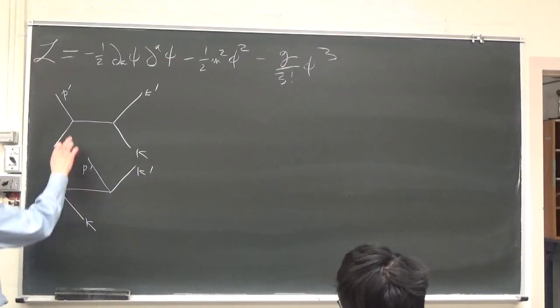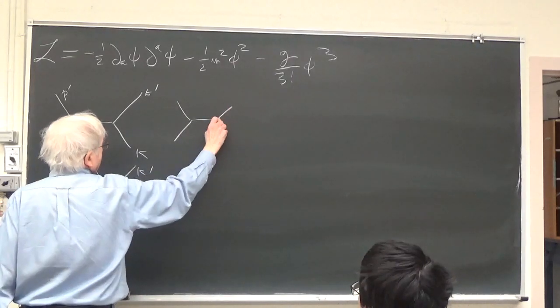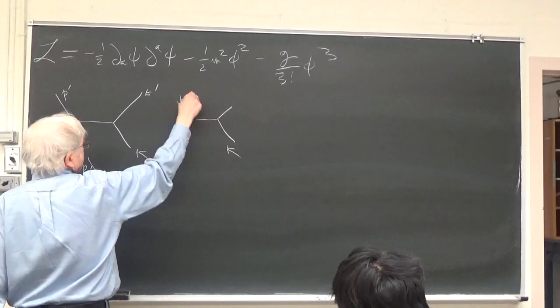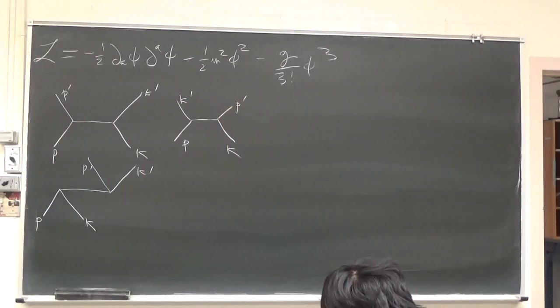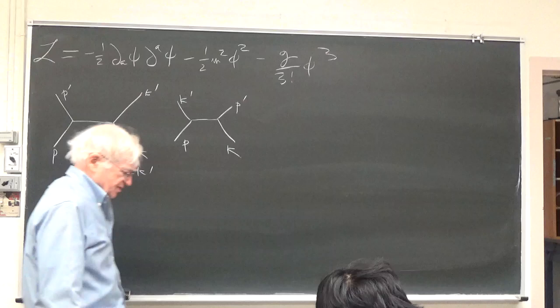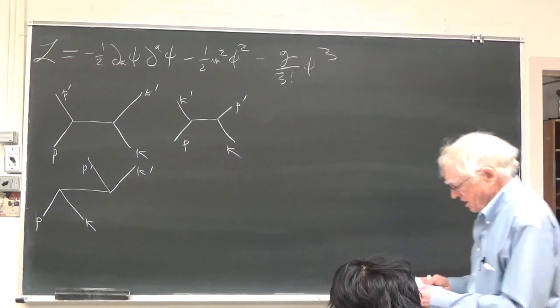And then another possibility is just this, but now it's k prime and p prime. So that's basically the way people who've had some experience with theories like this do this calculation.